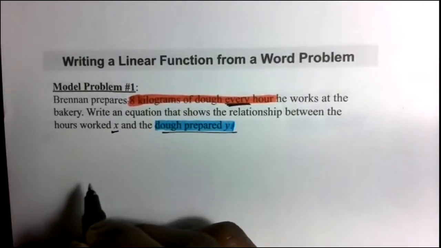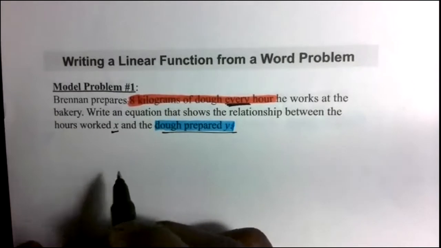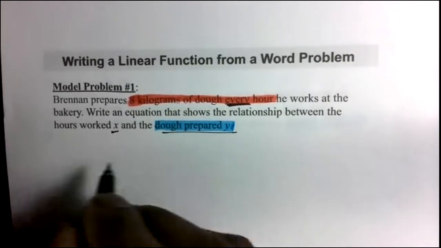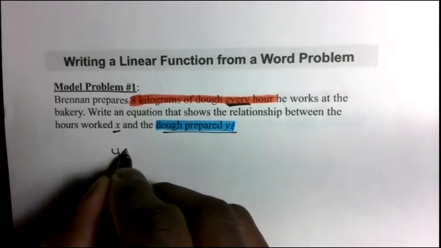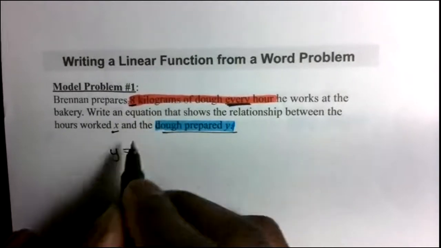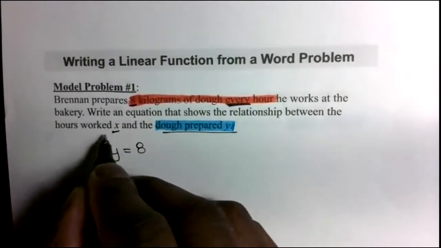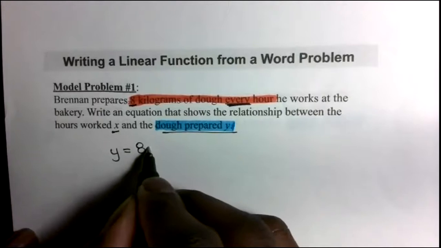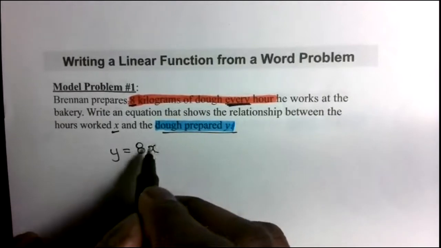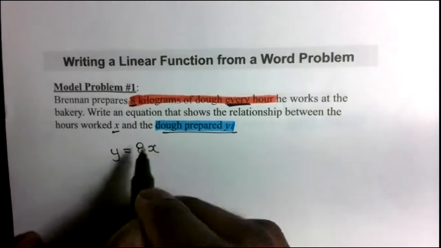If x represents the number of hours worked and y represents the amount of dough prepared, we can say that y is equal to what? 8 kilograms of dough per hour. We don't know how many hours, so it's going to be 8x. So I know that the equation is going to be y = 8x.